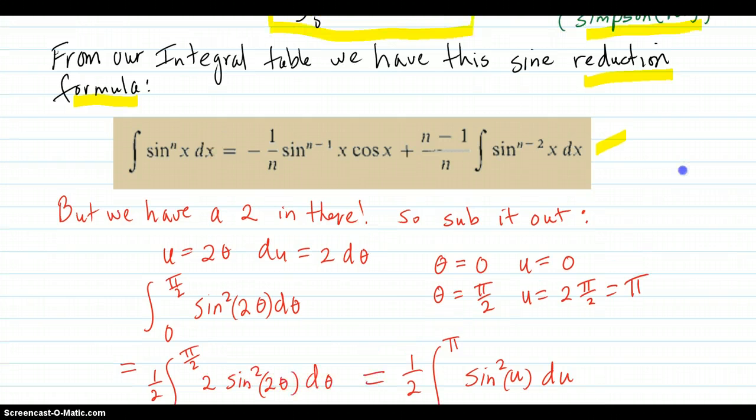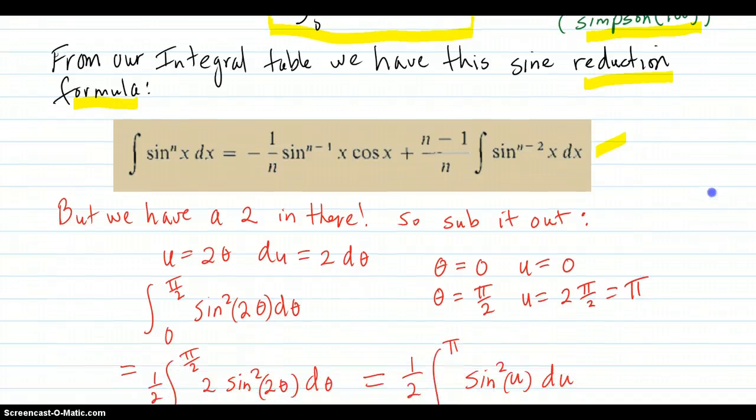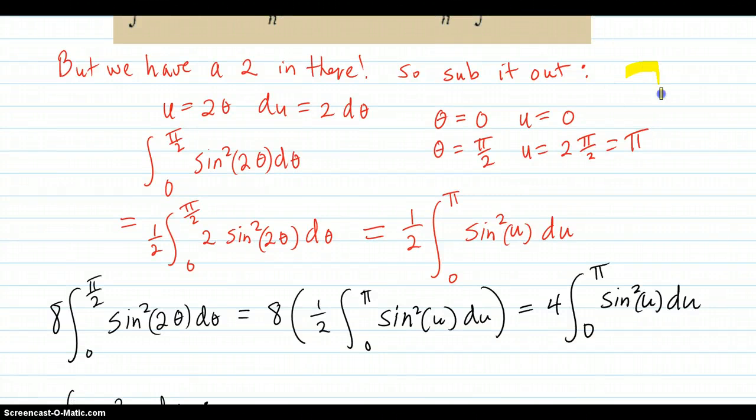But we have a 2, a very buggy 2 in there, so we got to sub that out. So here's your substitution method to sub that out. We're going to convert the limits over to the u limits, and then convert everything over, and you end up with this.